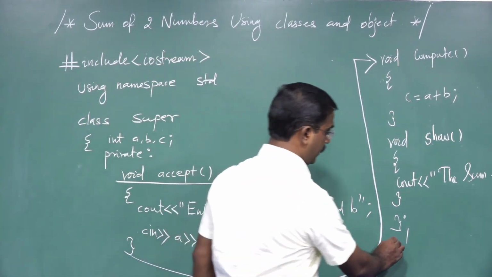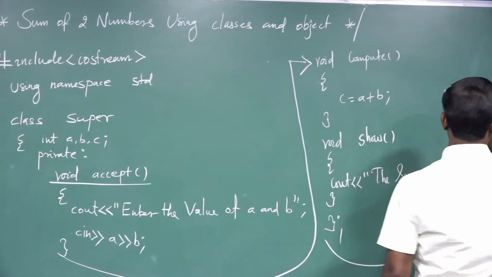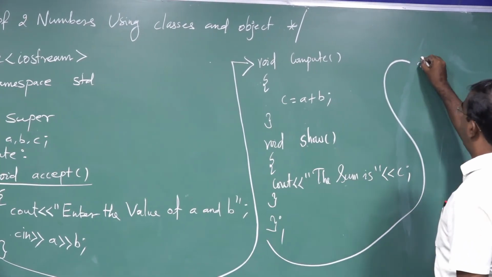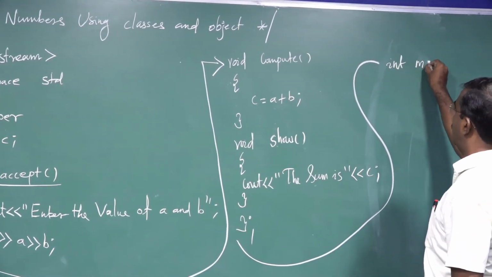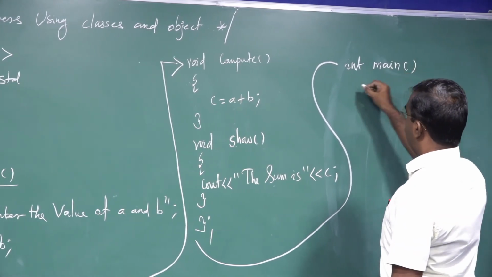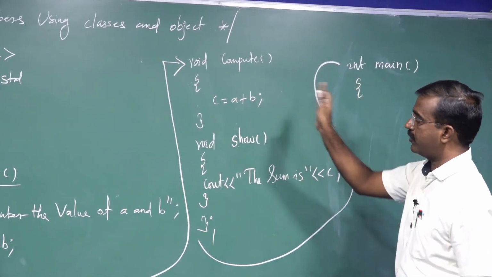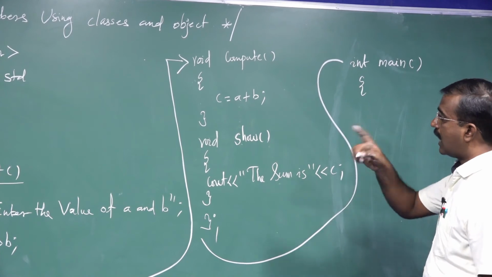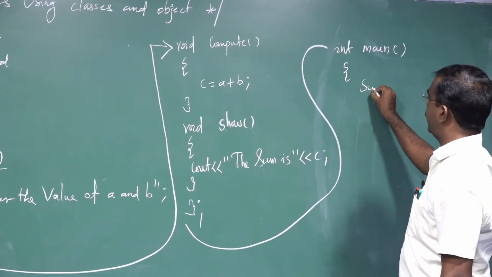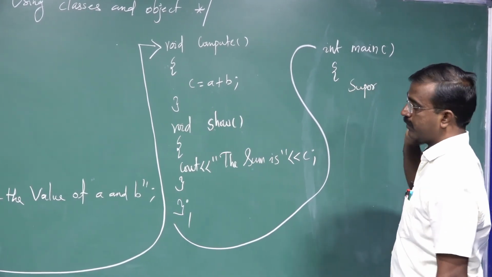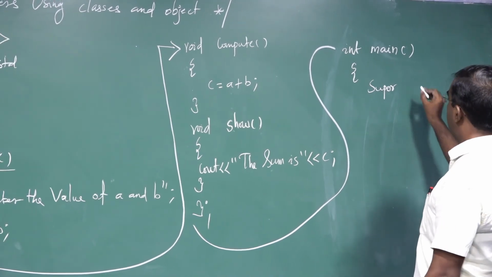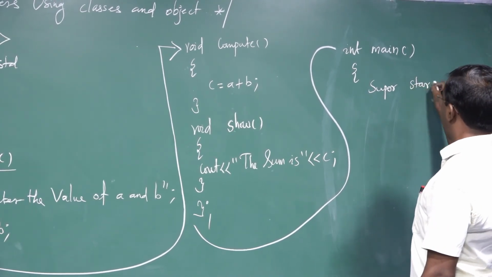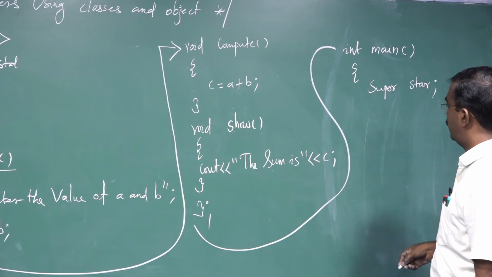Now, finally, what we are doing, sir? Now we will start integer main. This is Dev C++, that's why I am introducing integer main. The class name is super. Now we will declare a variable star, terminated by semicolon.